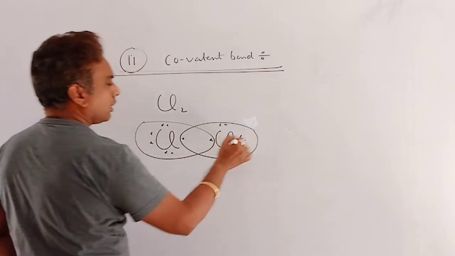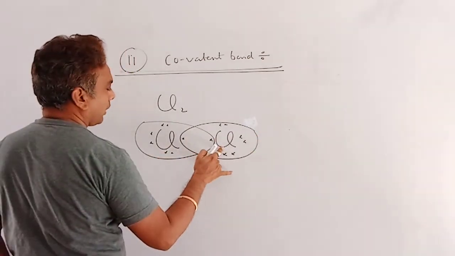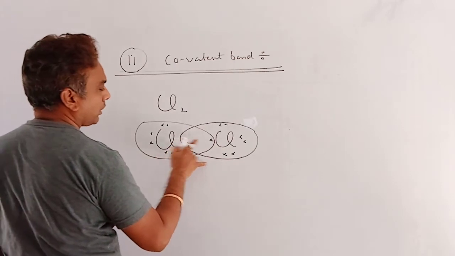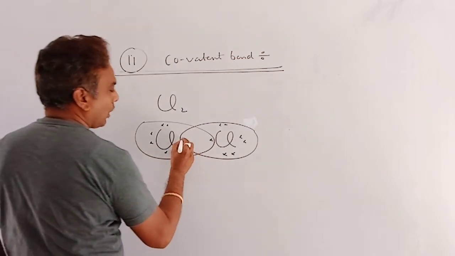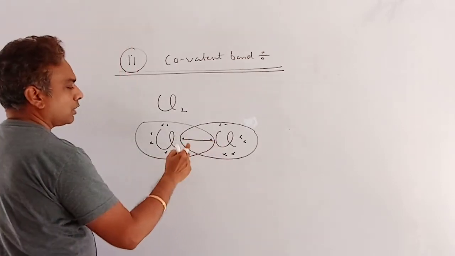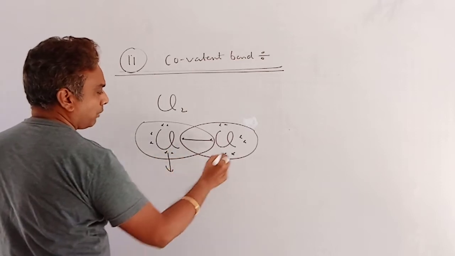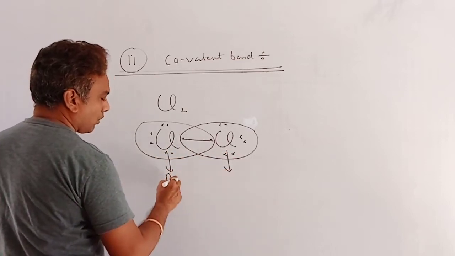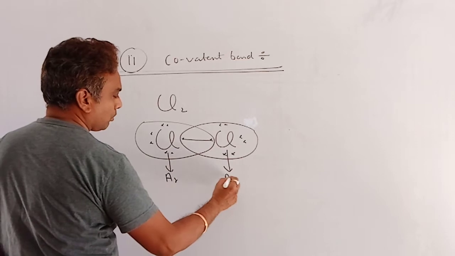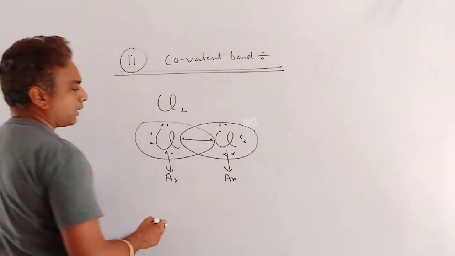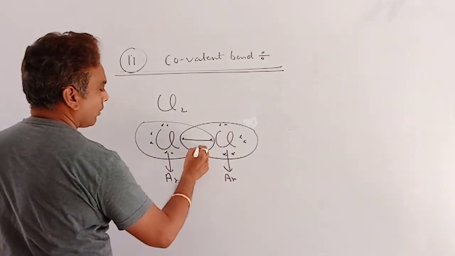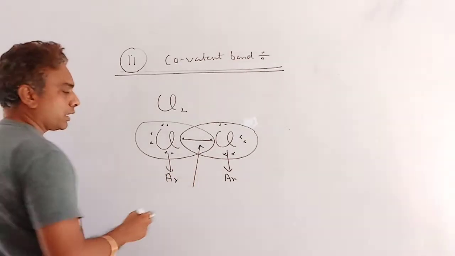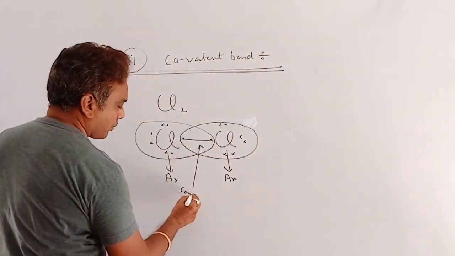Similarly, the second chlorine also shares 1 electron with the first chlorine. So after sharing of 1 electron, both chlorines become the stable configuration of argon. So both are stable, and such type of bond which is formed after sharing of electrons is known as covalent.